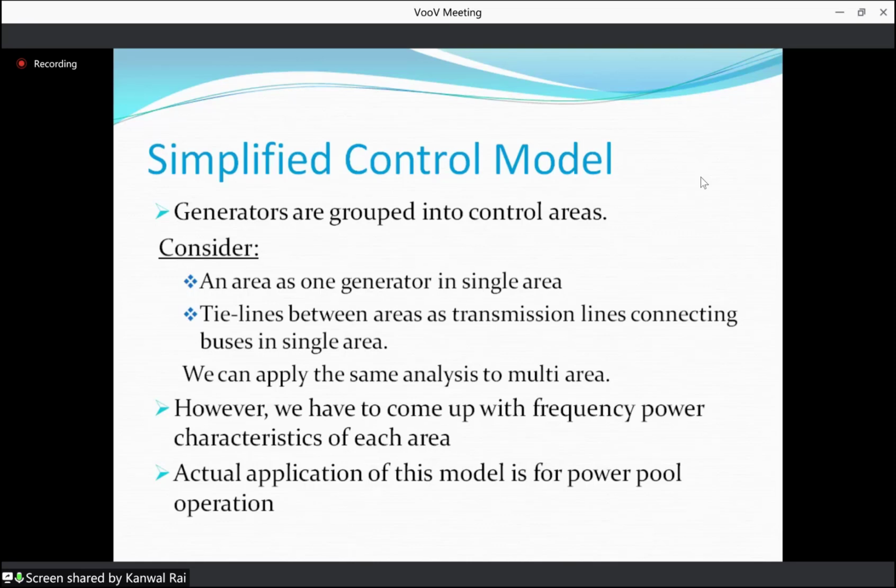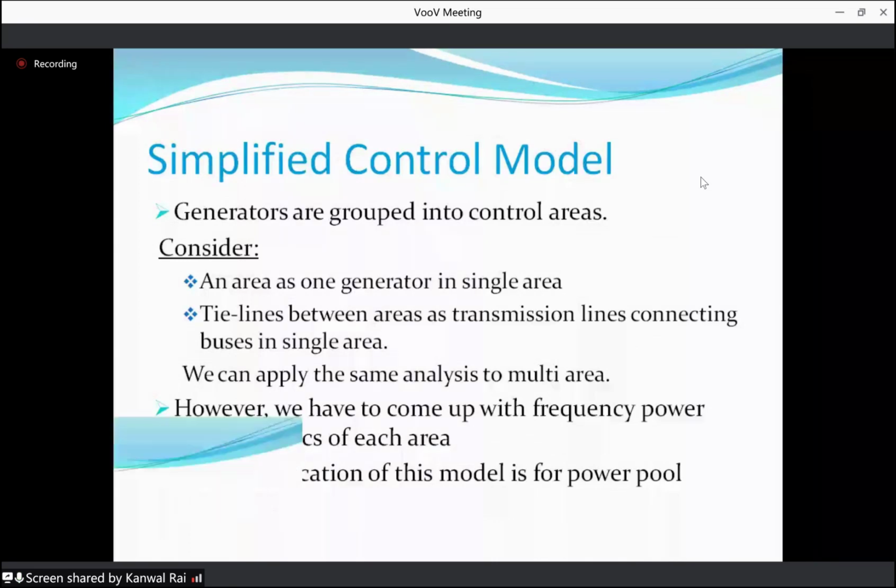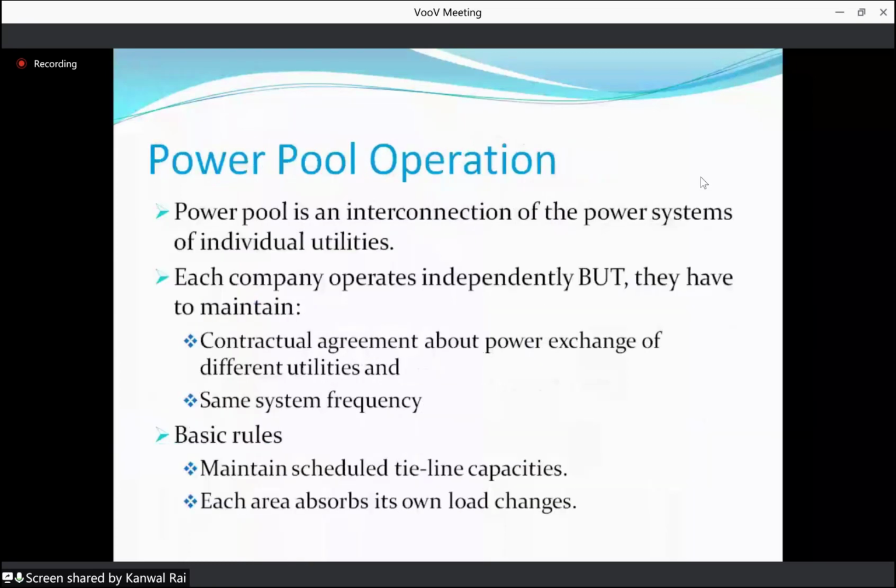Basically, the actual application of this model is for power pool operation. A power pool is an interconnection of individual power systems with the same system frequency.